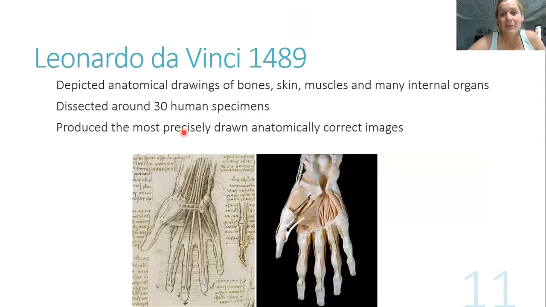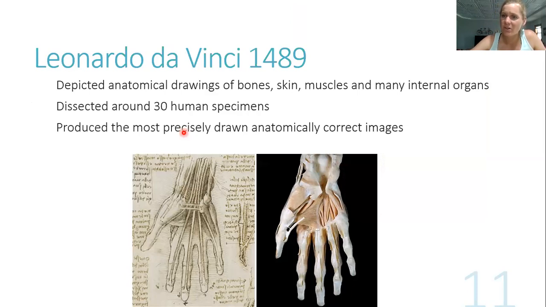Leonardo da Vinci, so again, fast forward quite a ways here, another 100 years or so, and he depicted anatomical drawings of the bones, the skin, the muscles, internal organs. He dissected around 30 human specimens. Again, they were all deceased. We're past the vivisection. And he was pretty darn good at producing these precisely drawn, anatomically correct images.